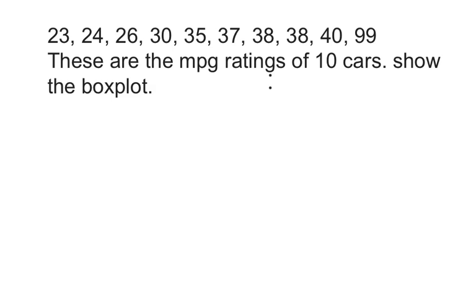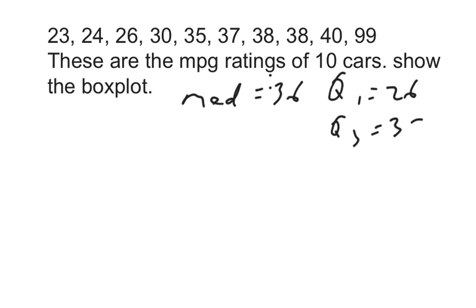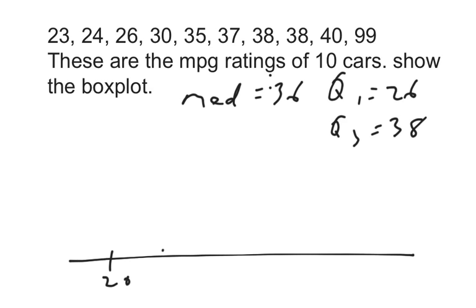So we have our same information from before, but this time we're going to show the box plot. So the median was 36, Q1 was 26, Q3 was 38, and so down here let's go 20, 30, 40, 50, 60, 70, 80, 90, 100.